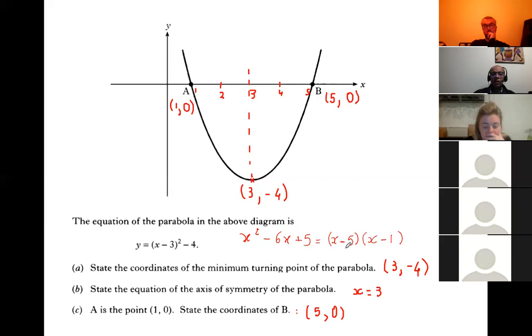So (x - 1)(x - 5). And because the first one is x = 1, then you can say the second one, x = 5, to make this 0. So that would be another way of doing this if you didn't see that you had a symmetry between the 1 to get to 5. I don't know which is easiest. You can factorize if you want, or you can look at your graph. But both methods are accepted.